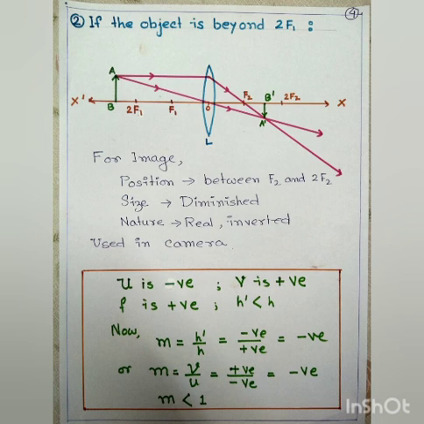After refraction, these two rays will intersect each other between F2 and 2F2. Therefore, we will get the image between F2 and 2F2, and here the image is A prime B prime. Clear? So where is the position of the image? It is between F2 and 2F2. Size is diminished and nature is real and inverted.